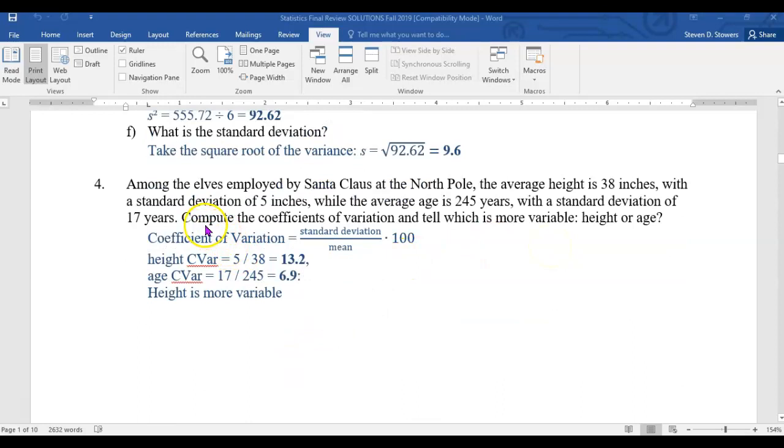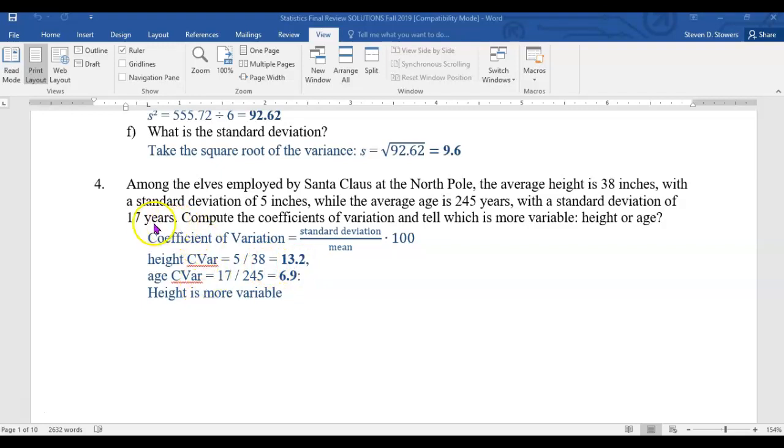Number 4 says compute the coefficients of variation and tell which is more variable, height or age. The coefficient of variation is what you get when you take the standard deviation divided by the mean and then multiply by 100. So for height, that would be 5 divided by 38 times 100, which is 13.2.